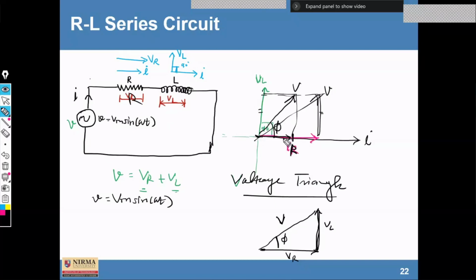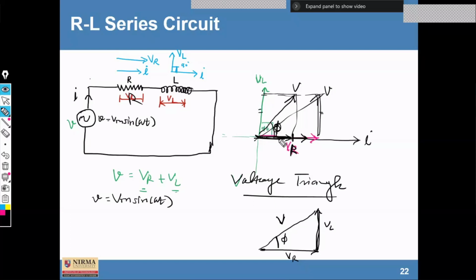So this vector VR will be 0, and we can represent the circuit with vector VL at 90° with respect to current I. Similarly, if vector VR exists and vector VL is going to reduce here, according to that, phi is going to change. So phi is going to change from 0 to 90° according to the property.